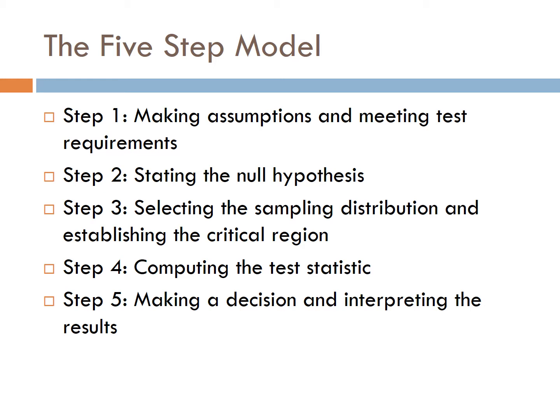Step 2, which is the same as chi-square, stating the null hypothesis. Step 3, selecting the sampling distribution and establishing the critical region, which in our case is always going to be 0.05 or less. Step 4, you compute the test statistic, and again, as a reminder, in chi-square we computed the test statistic. And step 5, make a decision and interpret the results.